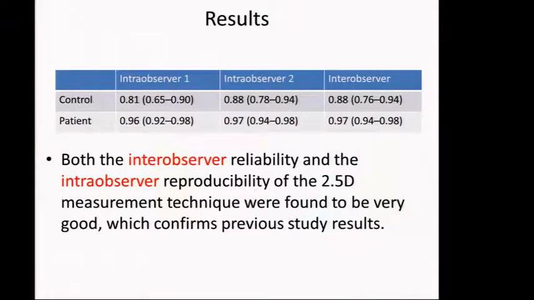We also measured the inter-observer reliability and intra-observer reproducibility of the 2.5D measurement, using the intra-class correlation. Here you can see the ICC measurements. So basically we can say both the inter-observer reliability and the intra-observer reproducibility of the 2.5D measurement are very good.